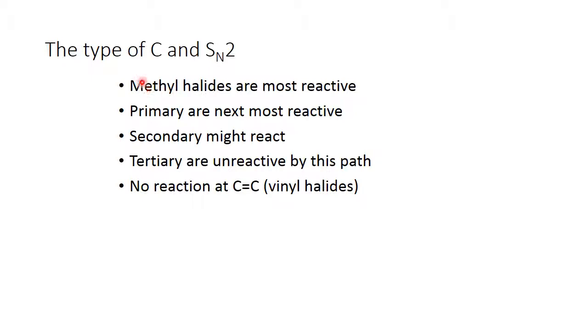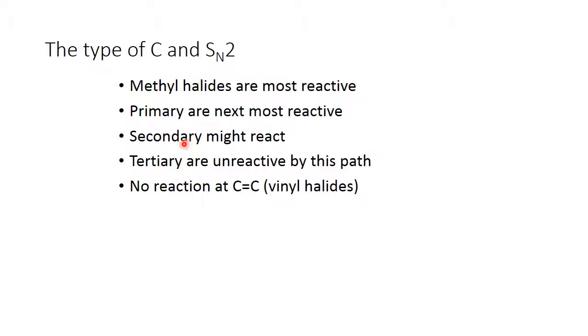So what you can derive from this is that methyl halides, because they only have hydrogens attached to the carbon, react very quickly. Primary carbons react very quickly because there's only 1 carbon attached and 2 hydrogens. Secondary carbons have 2 carbons attached, and you're beginning to get a pretty crowded transition state.